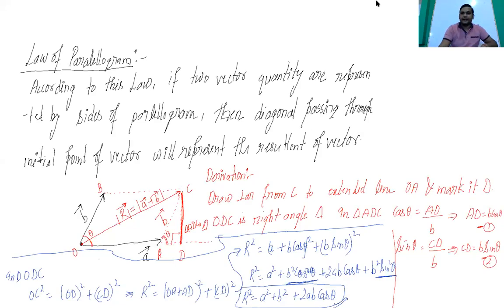Kindly note it. Let's see what we have discussed so far. This is your A vector, and this was your B vector. We have drawn the parallelogram in this manner, and this was your resultant vector.